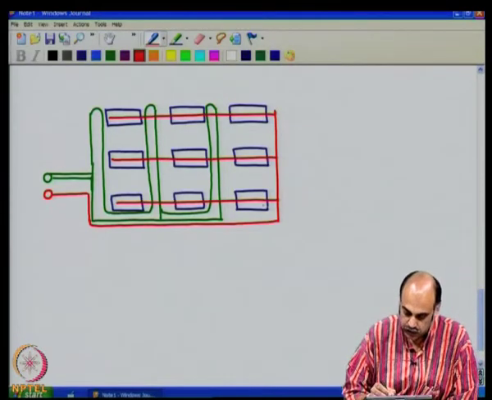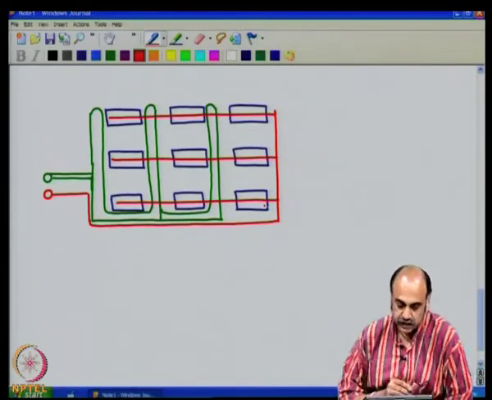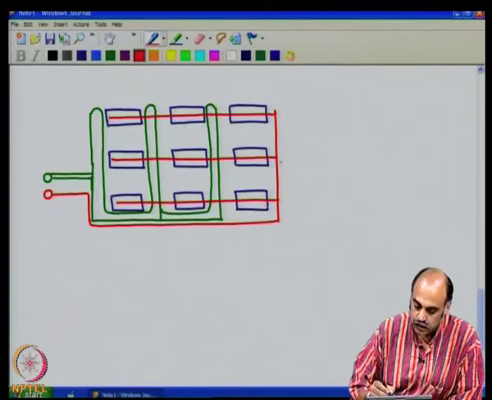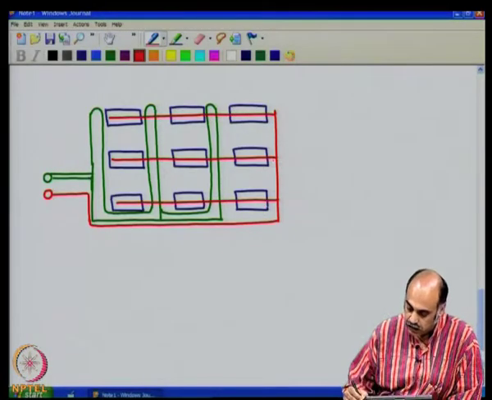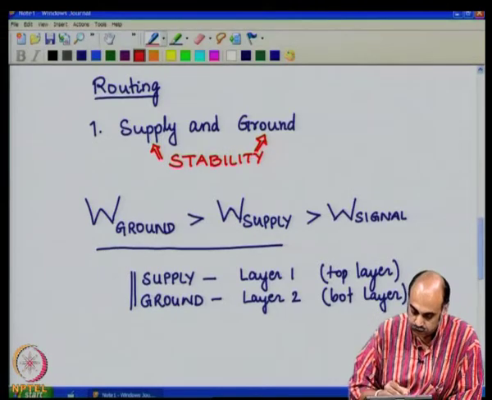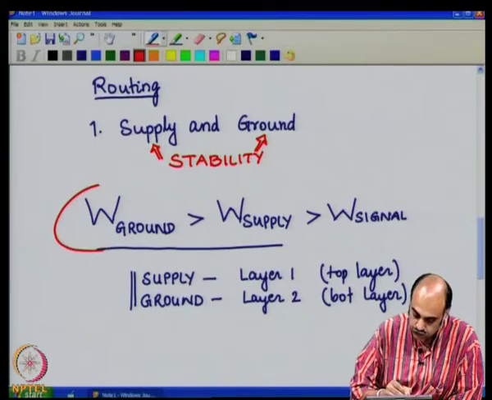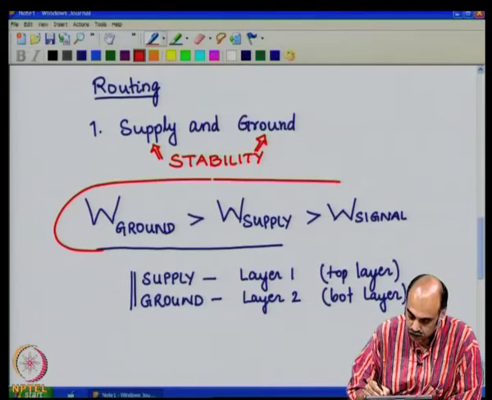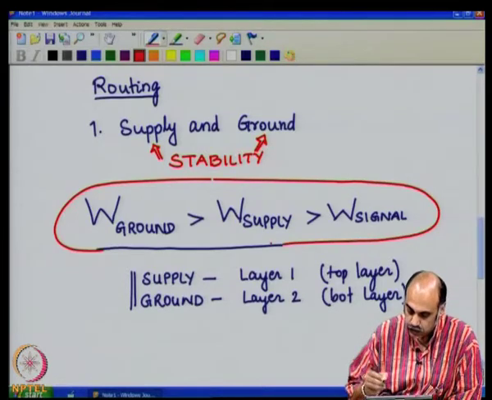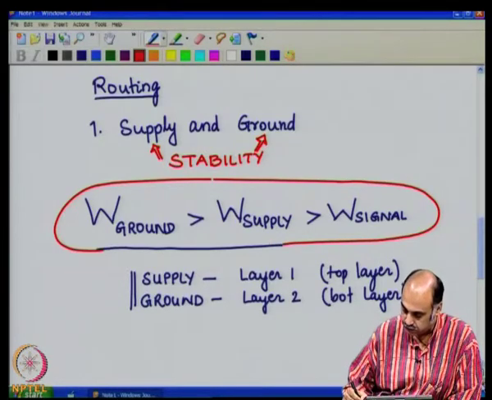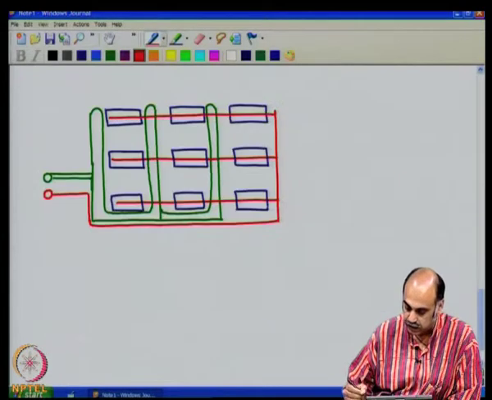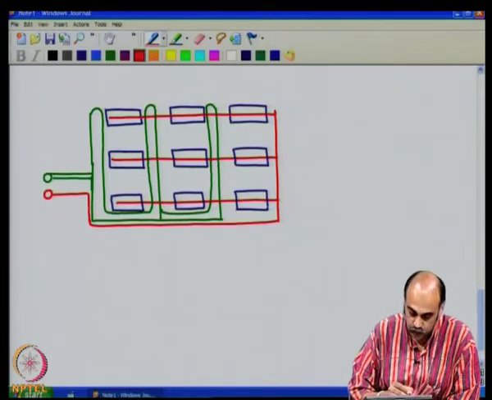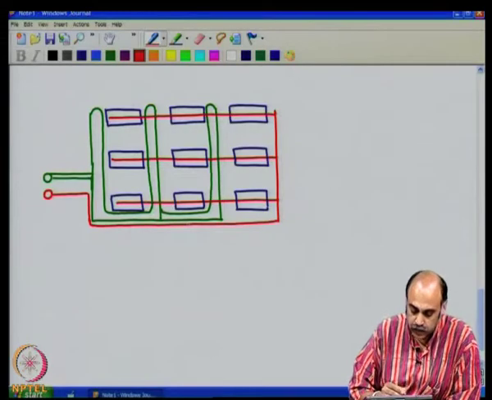I am not showing it here, so that I do not clutter up the page. You maintain the rule that we said before, the rule of ground conductor width much greater than supply, much greater than signal. You can overlap them here to get better capacitance, ground to supply capacitance.